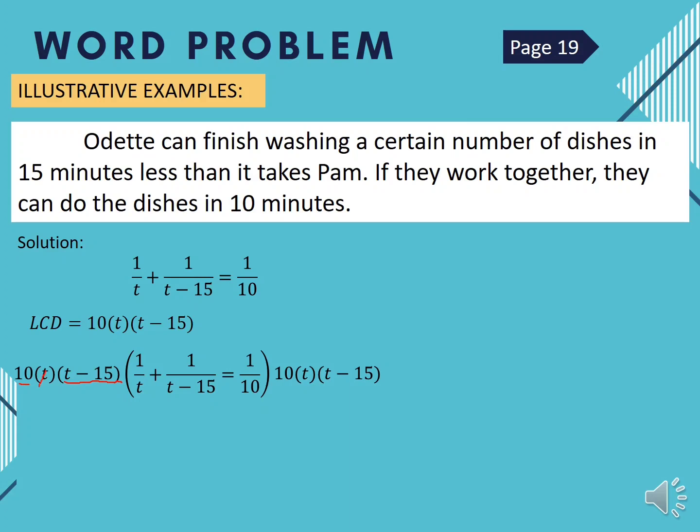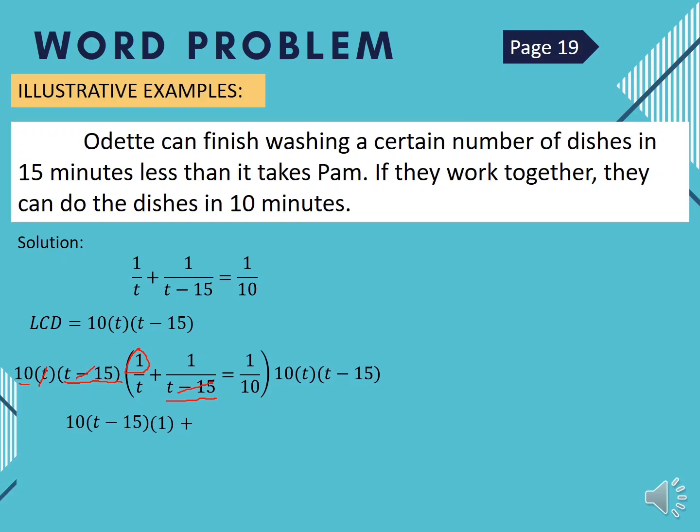Okay? So therefore, we can multiply 10 times T minus 15 to the numerator, which is 1. Plus, next term tayo, second term, 1 over T minus 15 times 10T times T minus 15. So that is equal to, makakancel natin si T minus 15.